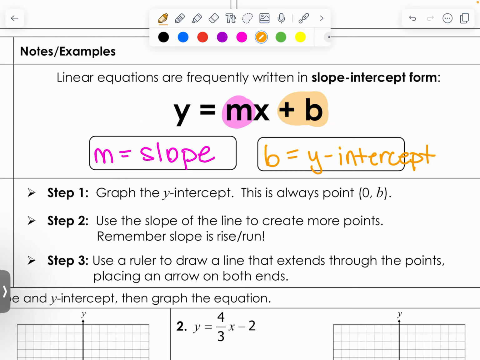Okay, so what we're going to do is first graph the y-intercept. B is our y-intercept. We're going to go to the y-axis and plot that point.